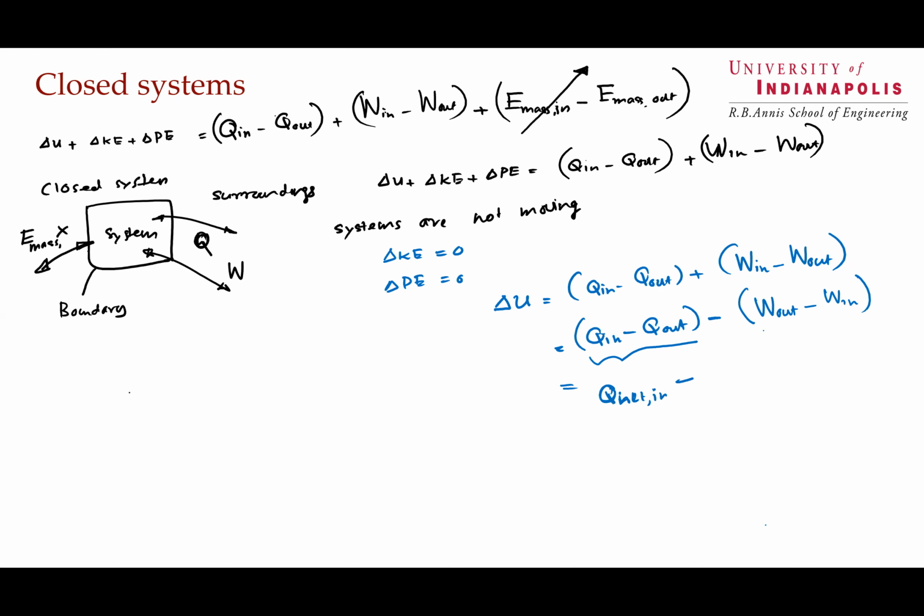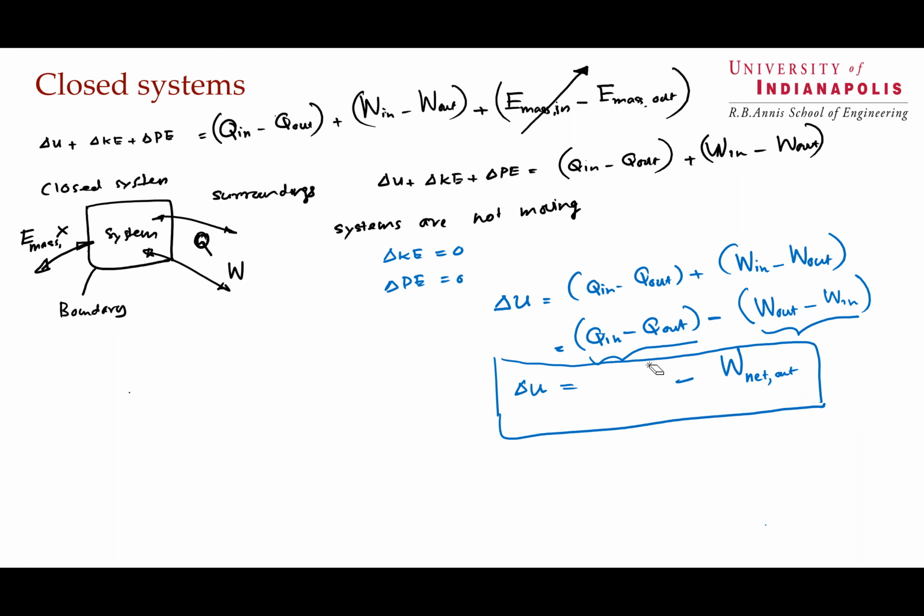Minus this term represents W net out, equal to delta U. So this is the most simplified version of the first law of thermodynamics for a closed system. So it's basically Q net in minus W net out.